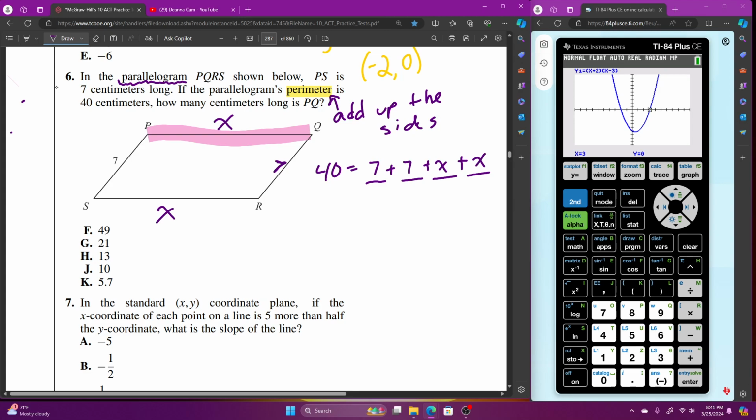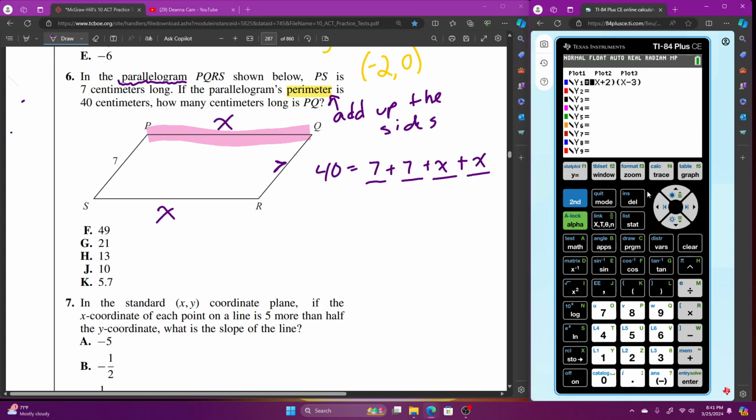And like I said, I'm in a challenge right now to answer as many of these questions as I can by using only the calculator and trying not to do too much math. So throw your math teacher instincts out the door, Mrs. Cameron, and just use the calculator. How do we get this to be 40, right? 7 plus 7 plus... 49 is going to be too much. 21 plus 21 is going to be too much.